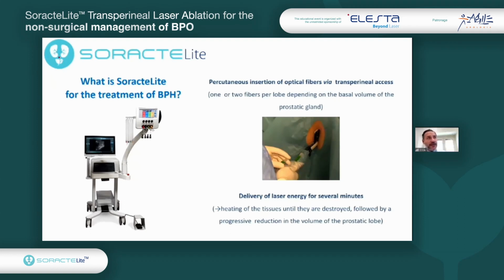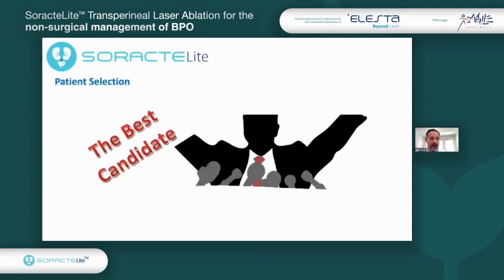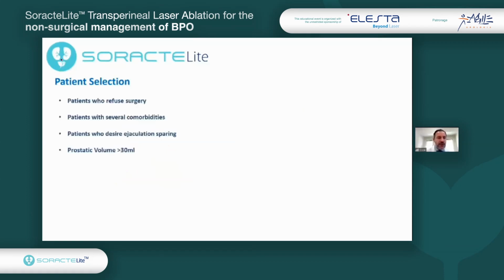Once the fibers are in place, we will deliver laser energy for several minutes, depending on the prostatic gland and how many treatments we decide to perform. So who is the best candidate for the procedure? We are still investigating. This is a very new technique, so it is still under investigation.